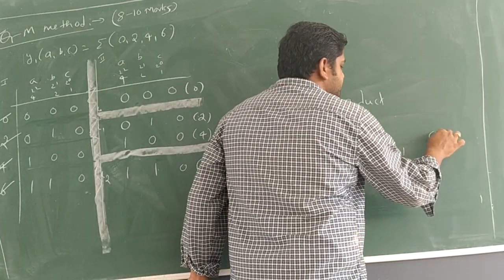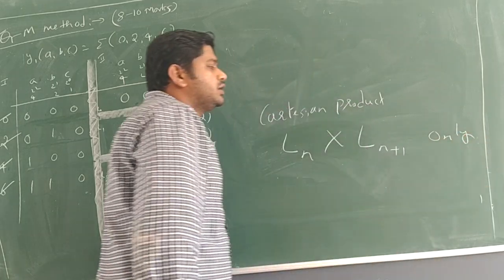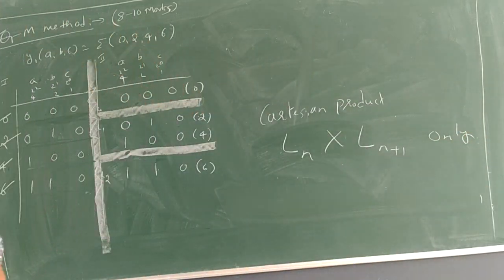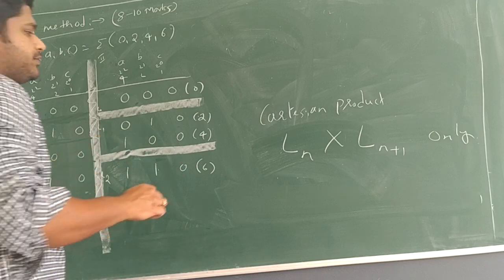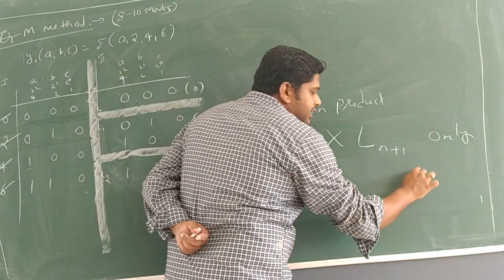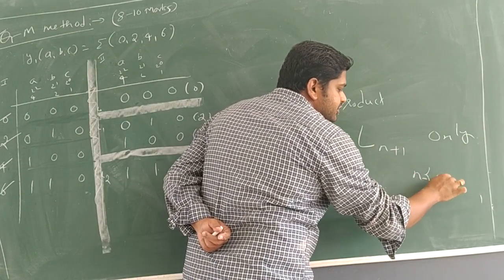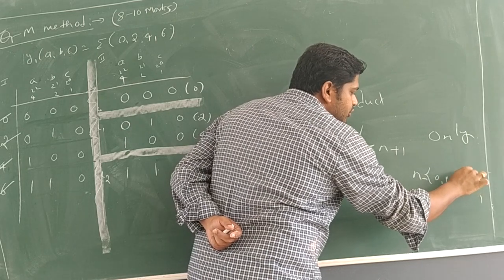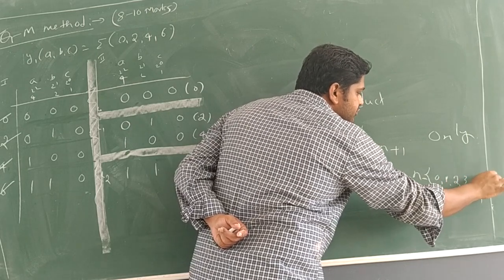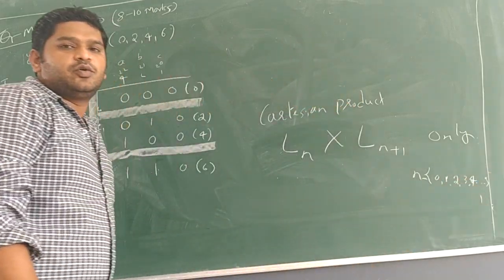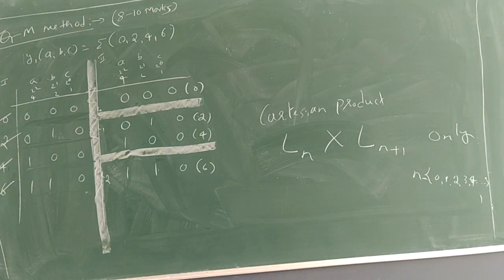So this statement is important. Ln with Ln plus 1 only. So now what can n be? 0, 1, 2, 3, 4, and so on.